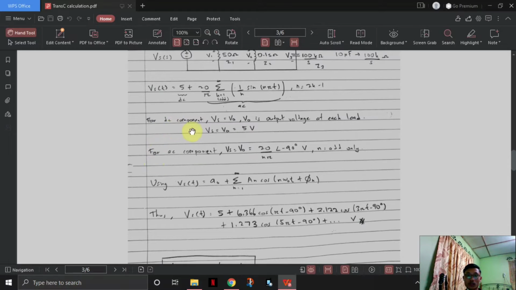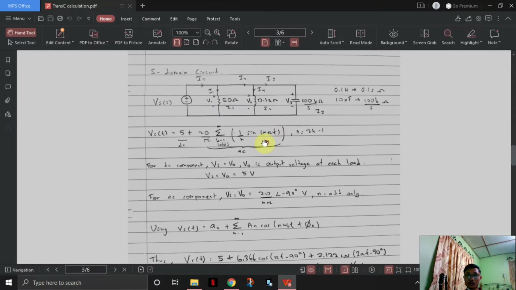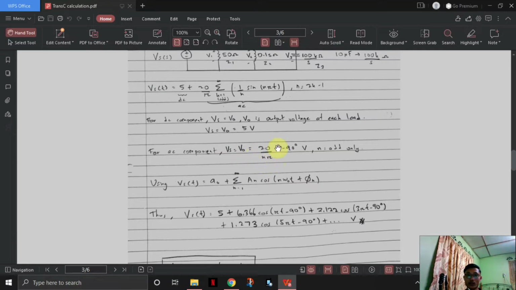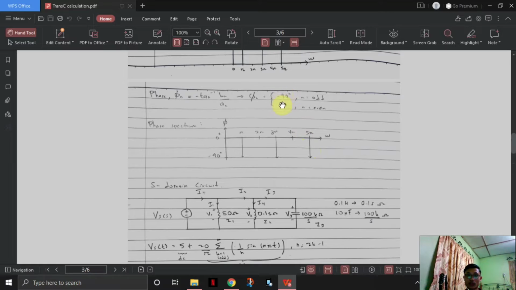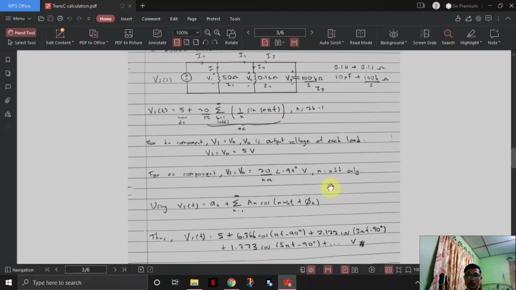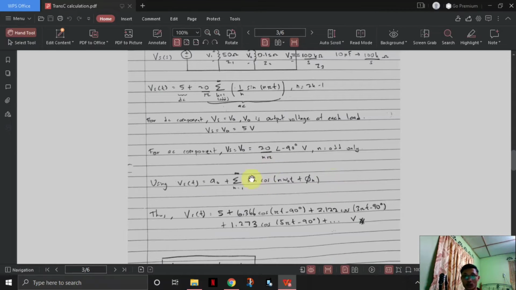So for the DC component, Vs or V node is equal to 5 volts for each load, but for the AC component, Vs equal to V node equal to 20 over n pi at an angle of -90 degrees volts. This is only valid for odd numbers, because as you can see, -90 degrees is for odd numbers, but for n equal to an even number, the value is 0. So it is only valid for odd numbers only.